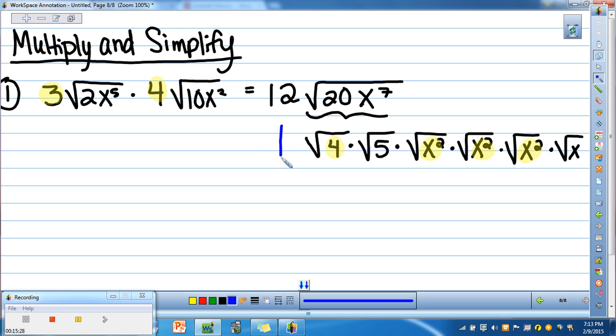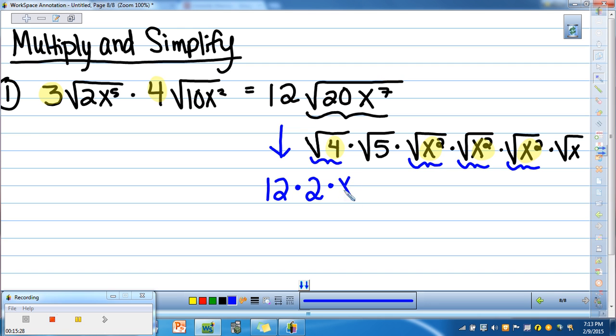We're going to bring that 12 down, keep it in front. We can evaluate. The square root of 4 is 2, so that's also going to go in front. And the square root of each of these x squares is going to equal x. x times x times x will end up being an x cubed out in front.